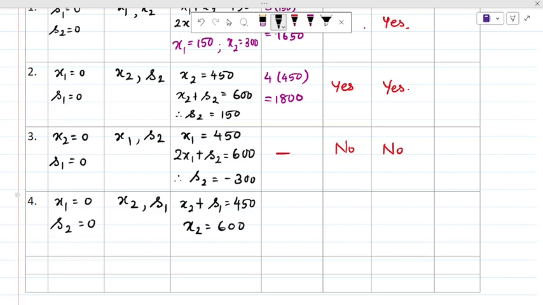So again here we get s1 value as minus 150, right? x1 is 0 and s2 is 0.